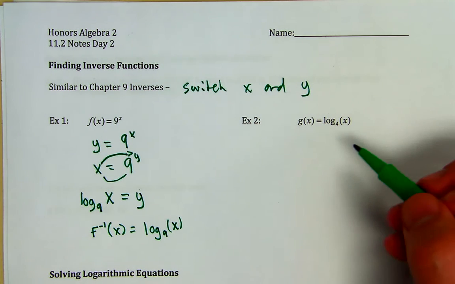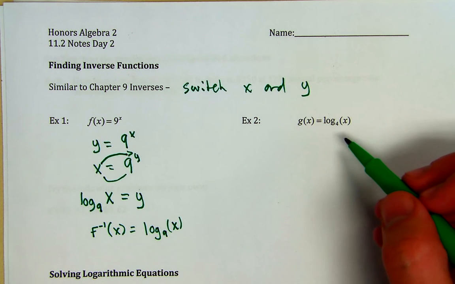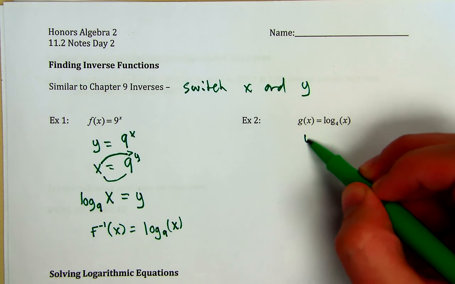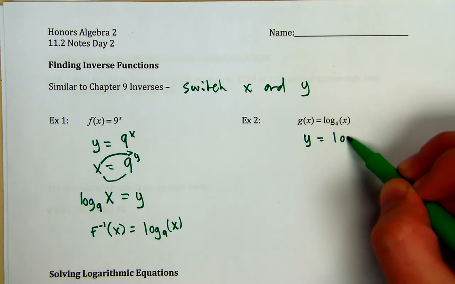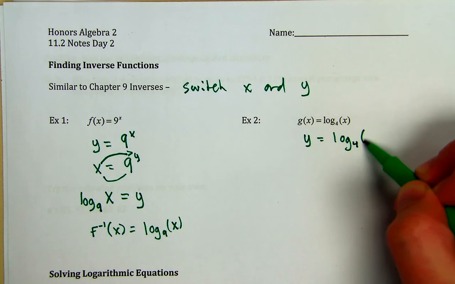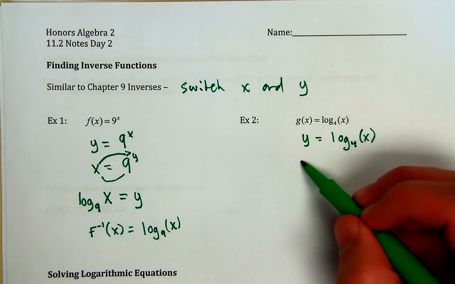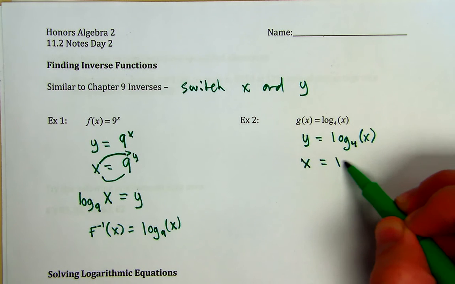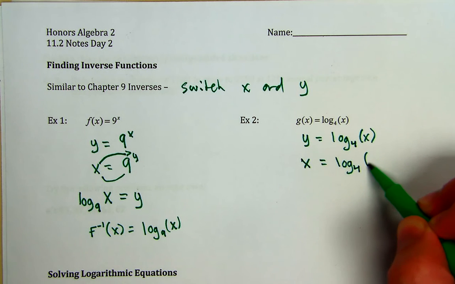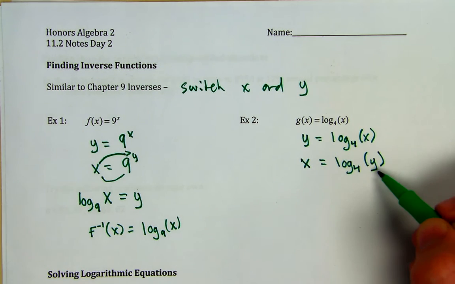So now example 2. Same logic. Change g of x for y. So y equals log base 4 of x. Well, in order to change, we need to switch x and y. So x equals log base 4 of y. Well, to isolate y, I need to change this into exponential form.